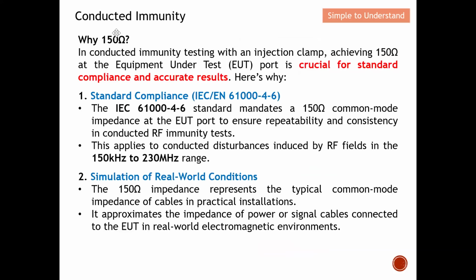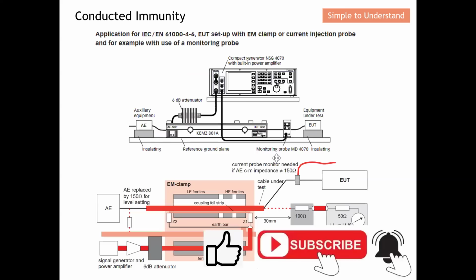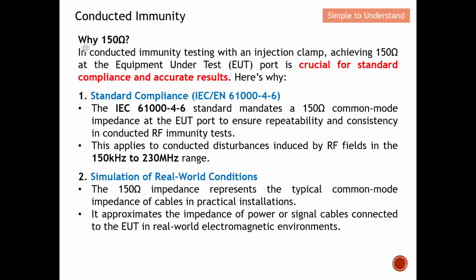Now let me quickly explain why 150 ohm. I have a couple of emails that ask me why it needs to be 150 ohm. So I take this opportunity to describe why we need to have 150 ohm, which is this part here. In conducted immunity testing with an injection clamp, which is the EM clamp, achieving 150 ohm at the equipment under test port is critical for standard compliance and accurate results.